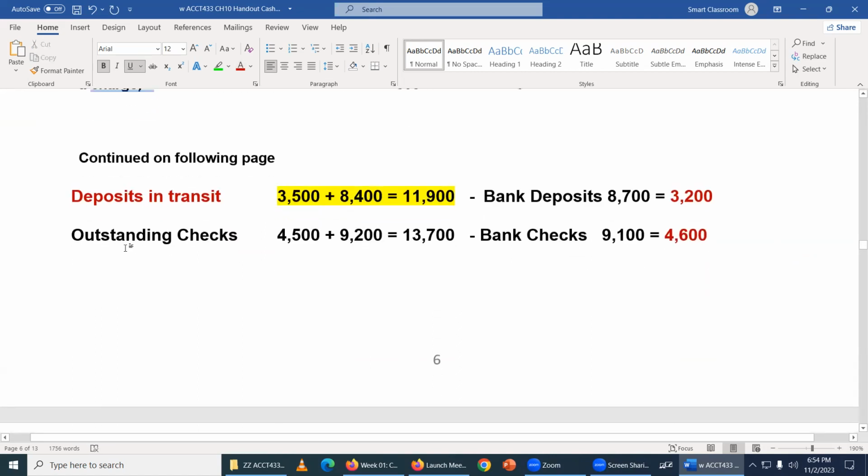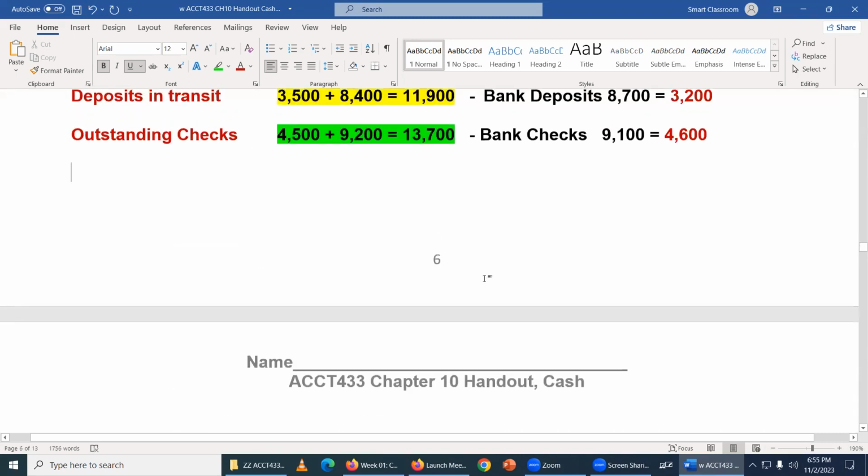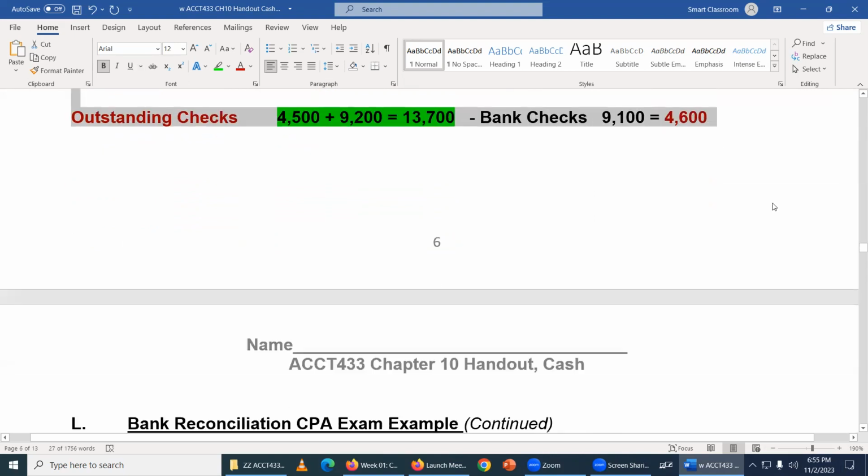So this will be our outstanding checks. I'm just going to copy these down here. So now we can do our bank reconciliation.